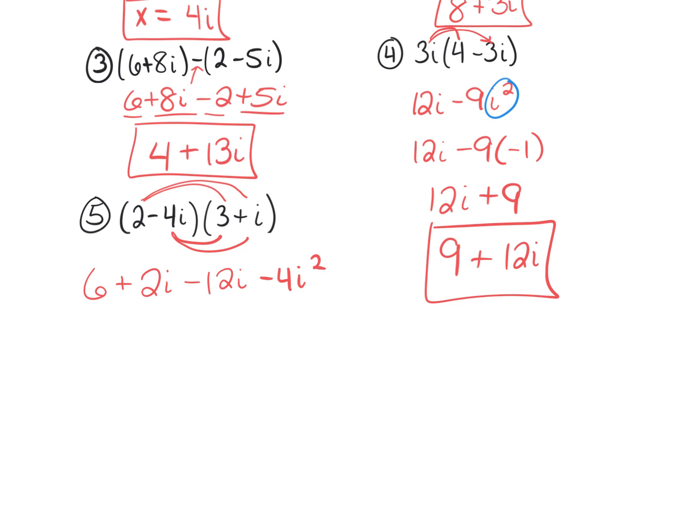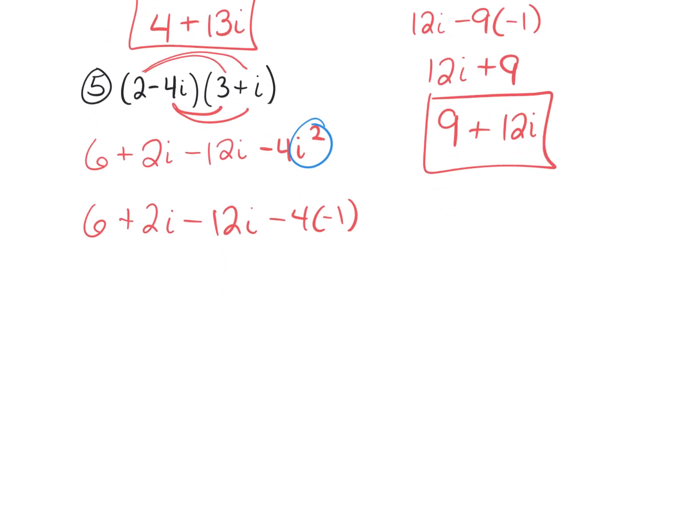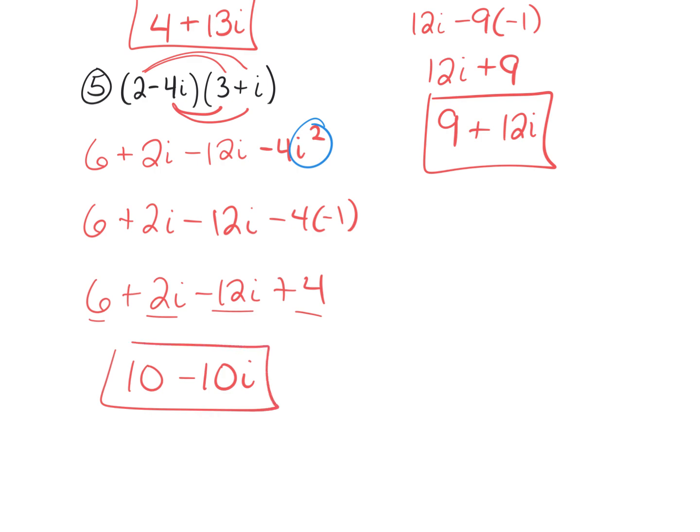What do I want to circle and understand right away? i squared. What is i squared? Negative 1. Yep. So I have 6 plus 2i minus 12i minus 4 times negative 1. What's negative 4 times negative 1? 4. Yep. Last thing we got to do is combine like terms. So I have 6 plus 4, 10, and then I have 2i minus 12i. Negative 10i. Is it in the form we want? Yes.